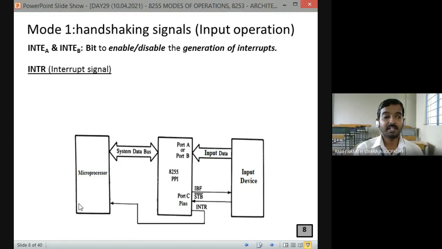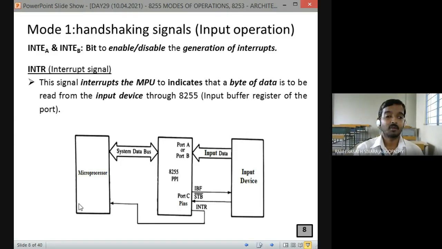Fine. Once the interrupt is generated, the microprocessor reads the byte of data, so the input buffer becomes empty again. This INTR signal interrupts the microprocessor to indicate that a byte of data is to be read from the input device through 8255. So the input buffer register of the port gets read.